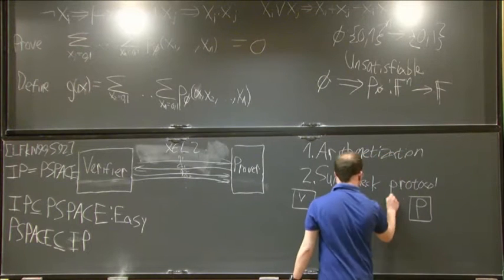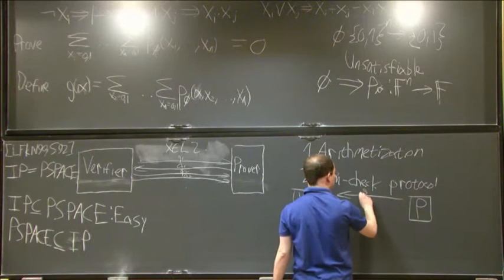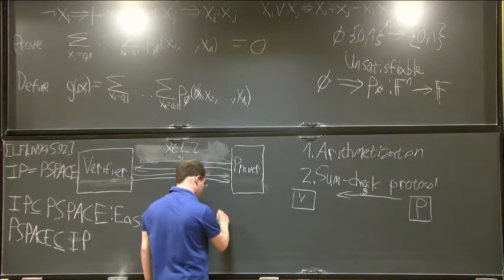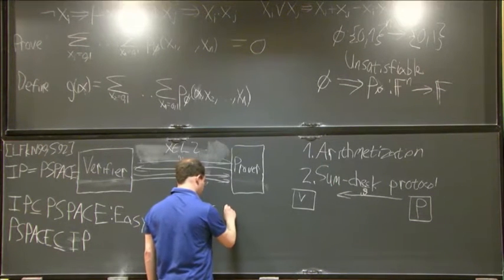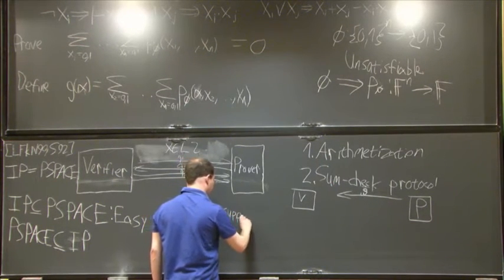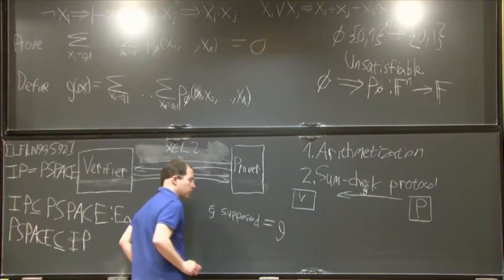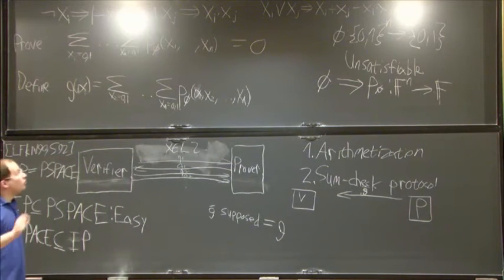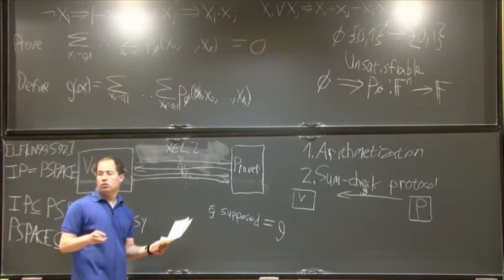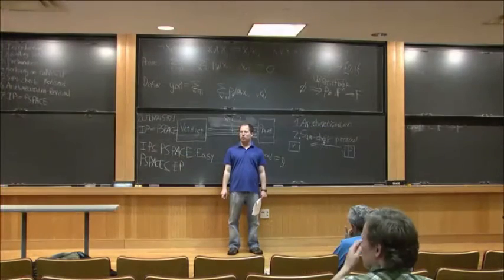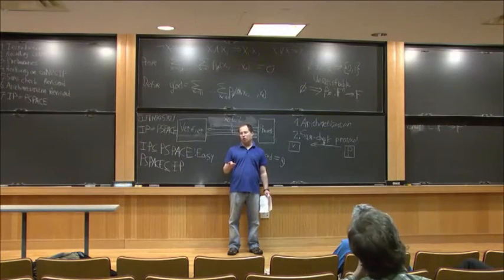And the prover starts by sending a function g bar, where g bar is supposed to be equal to g. The prover may send a true g, but it may also lie.